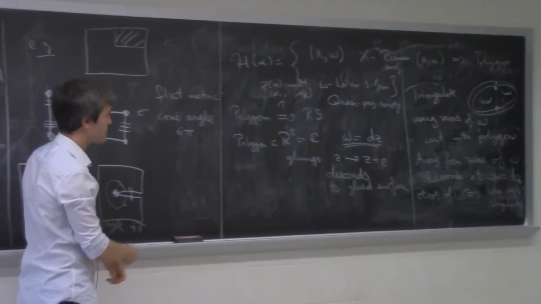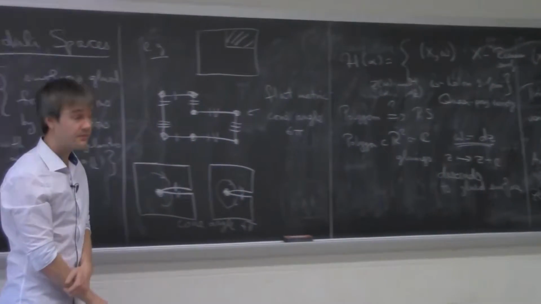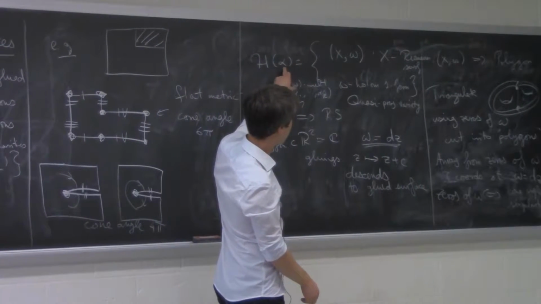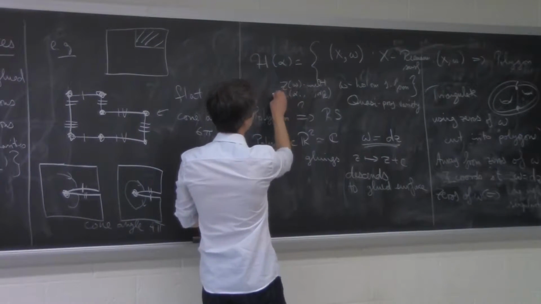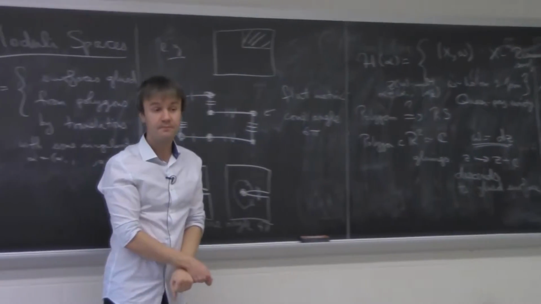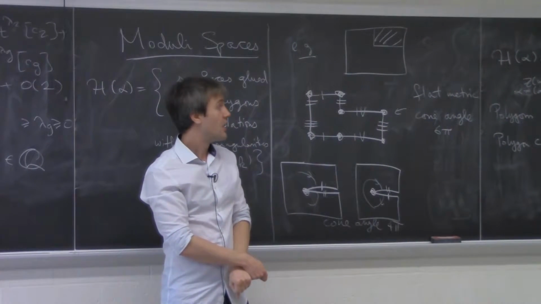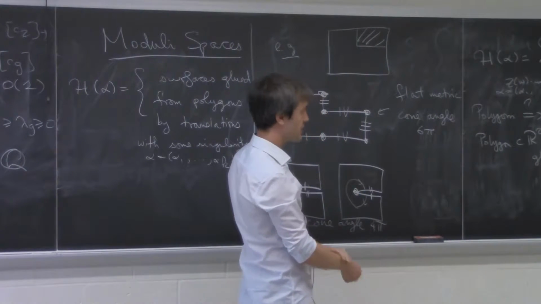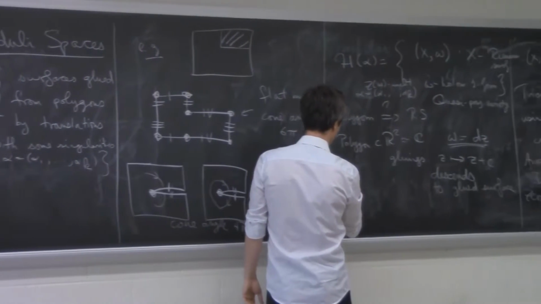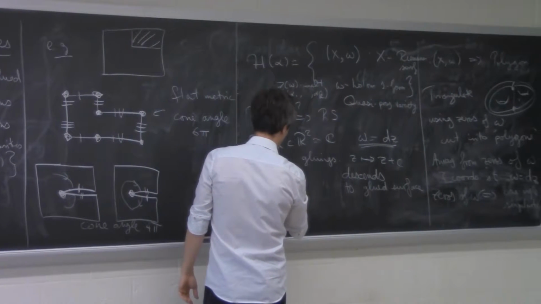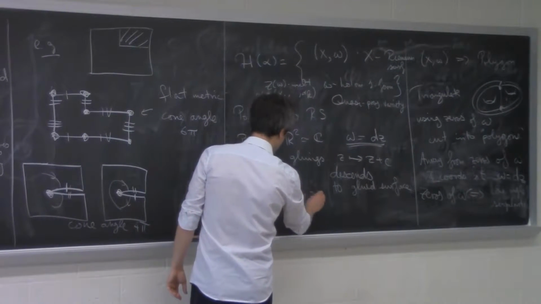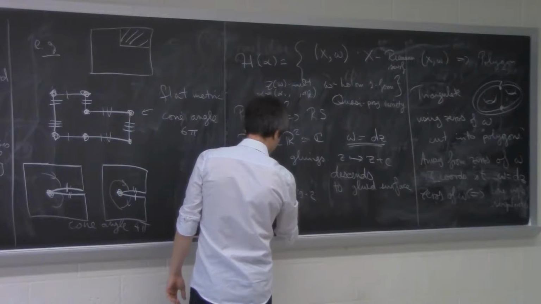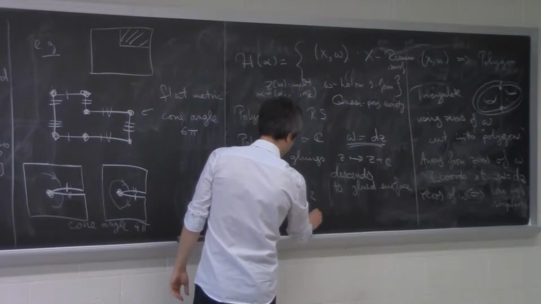So this is not the full moduli space, but it depends on this alpha, which I didn't specify. And the cone angles are 2 pi times alpha plus 1? Yes. So alpha 1 plus through alpha k is 2g minus 2, and the cone angles are 2 pi times (alpha i plus 1).